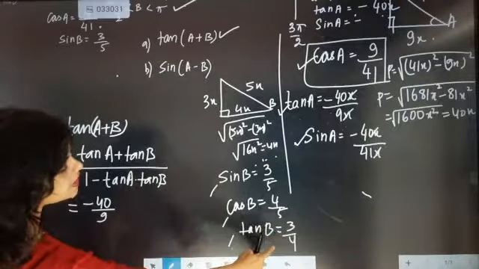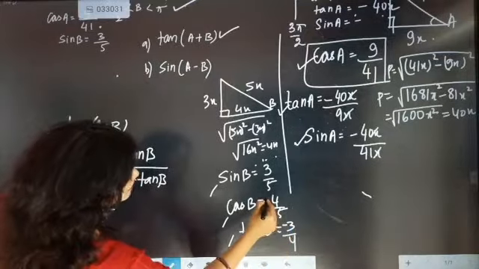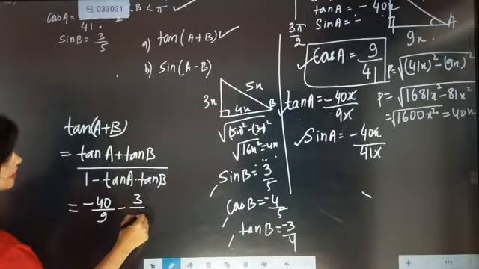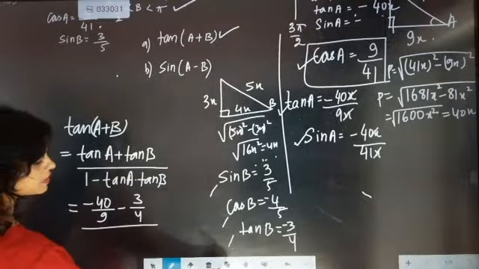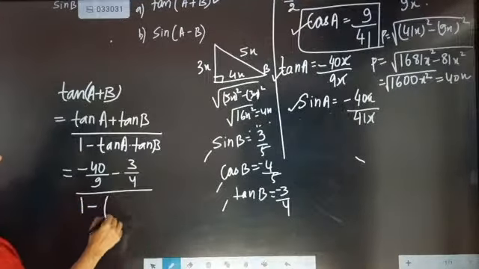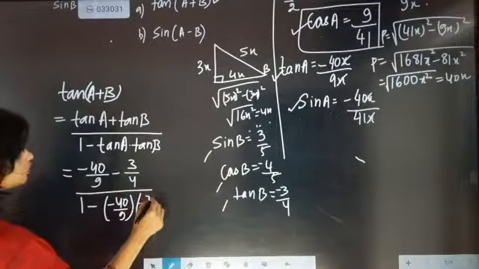Tan B is also going to be negative, because it is in the second quadrant, so it is going to be minus 3 by 4, by 1 minus tan A, that is 40 by 9, into minus 3 by 4.